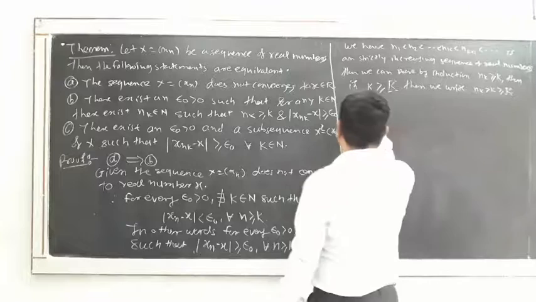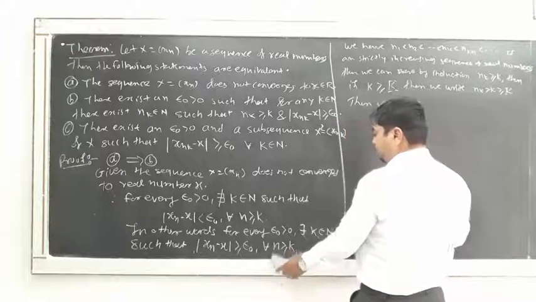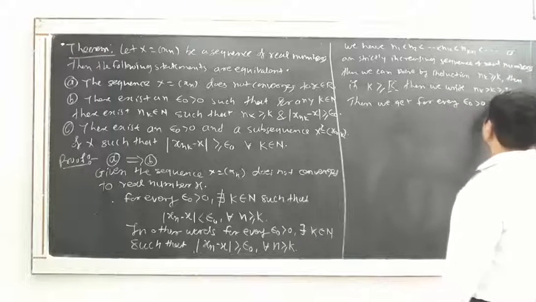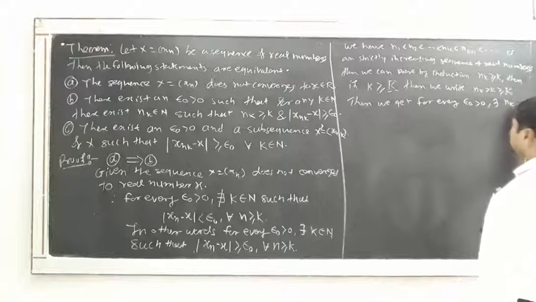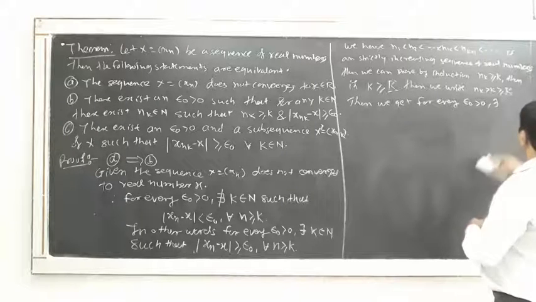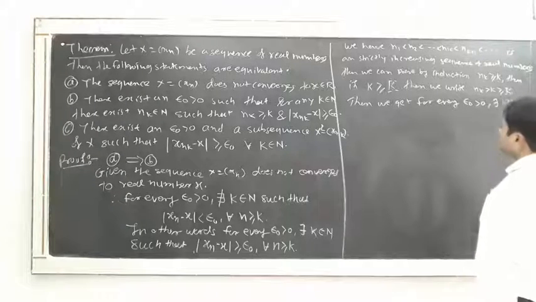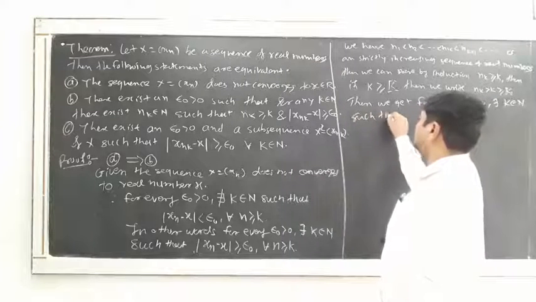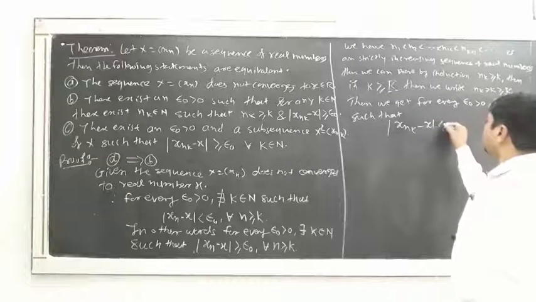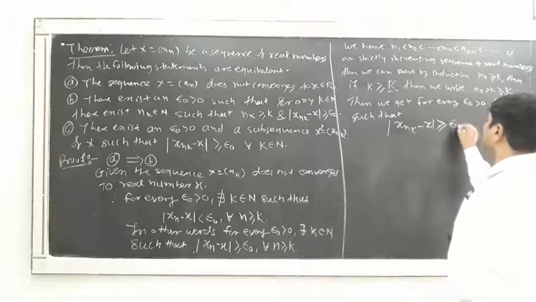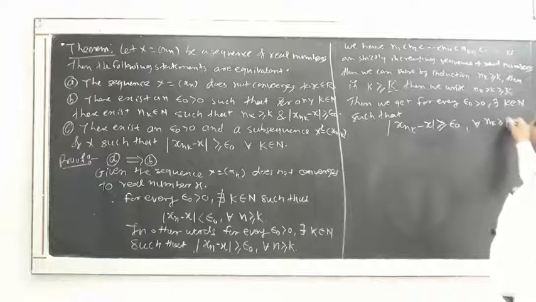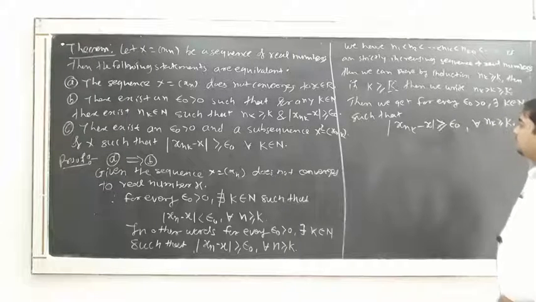Then what we get from this: for every epsilon 0 greater than 0, there exists k belonging to the natural numbers such that |xnk minus x| is greater than or equal to epsilon 0 for all nk greater than or equal to k.